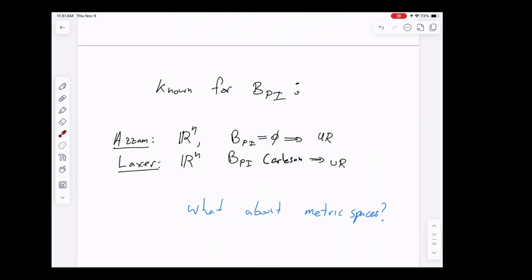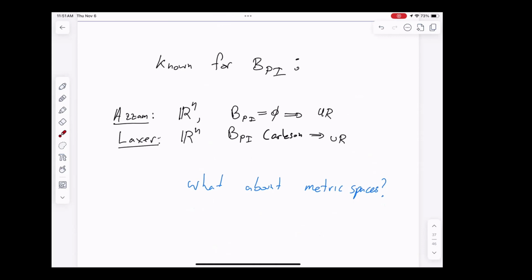Not many years ago, Jonas Azzam proved that in R^n, if you have no bad balls, that is, if the Poincare inequality always holds with some a priori constants, then you're uniformly rectifiable. Recently, Jacob Lazer, a student of mine who graduated last year, proved that if the bad balls for the Poincare inequality are Carleson, then you're also uniformly rectifiable.